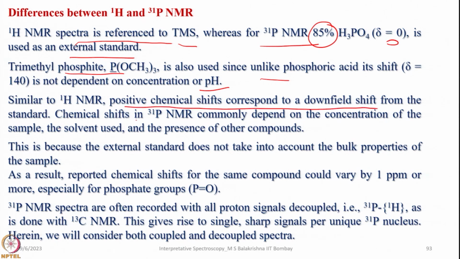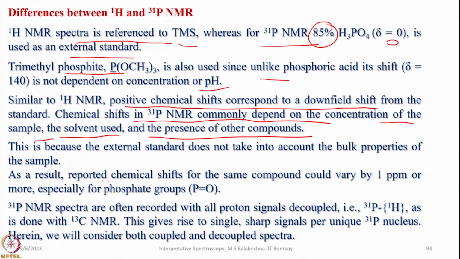From the standard, chemical shifts in 31P NMR commonly depend on the concentration of the sample, the solvent used, and the presence of other compounds. This is because the external standard does not take into account the bulk properties of the sample.